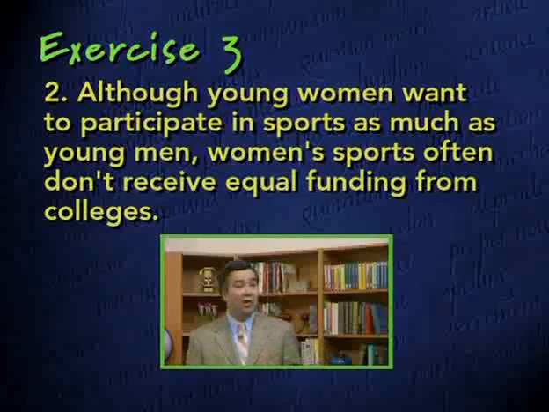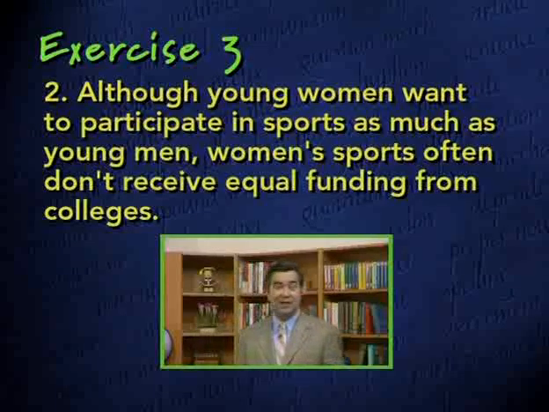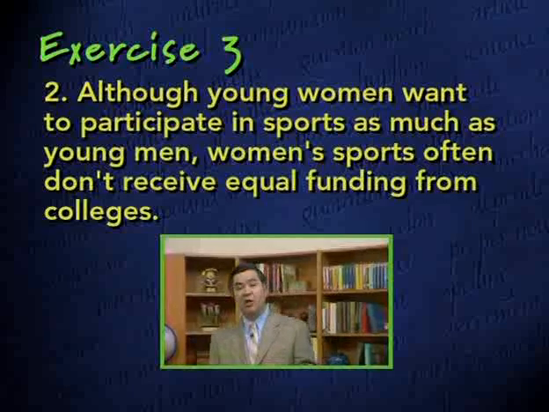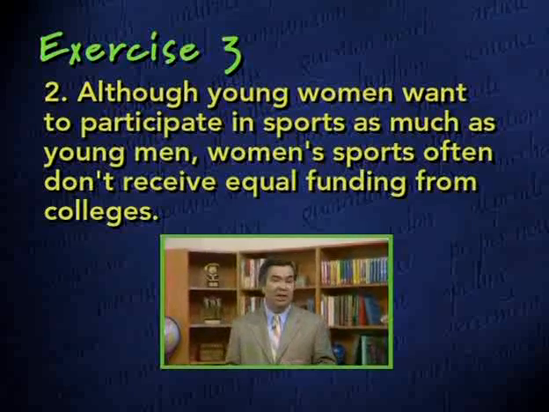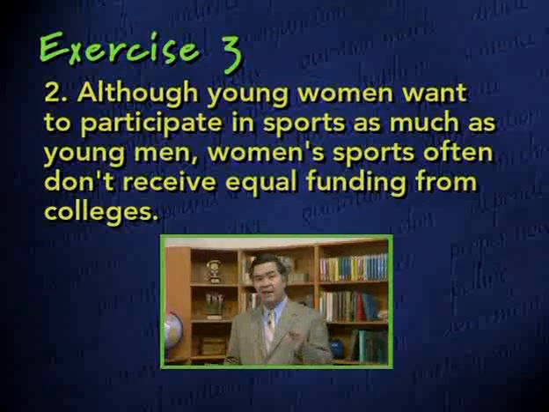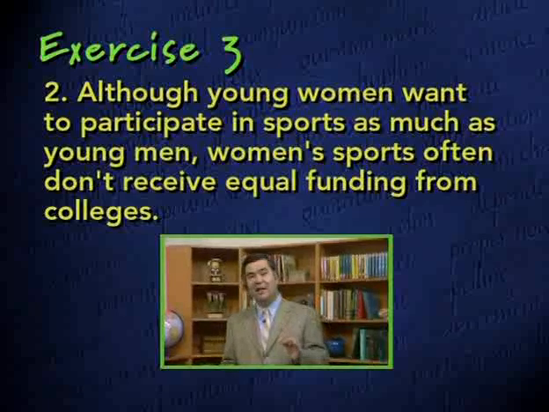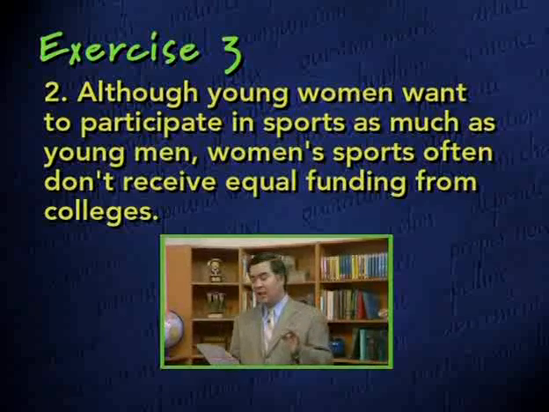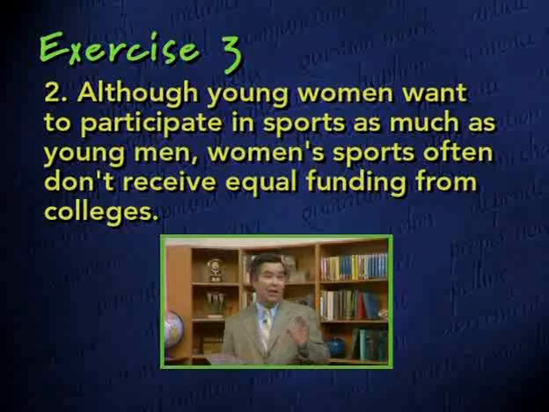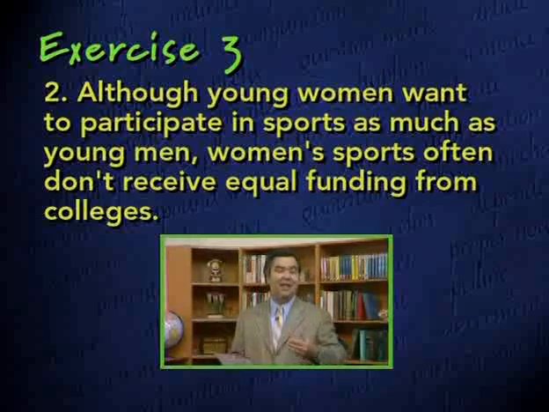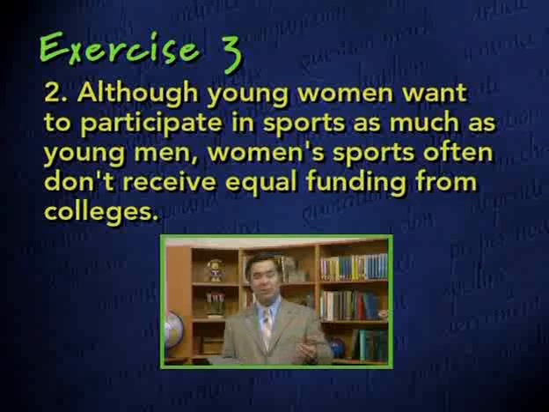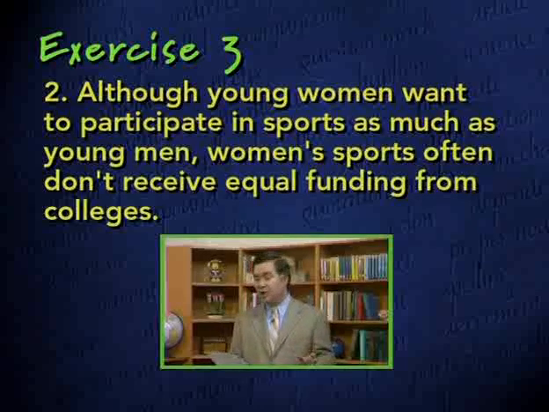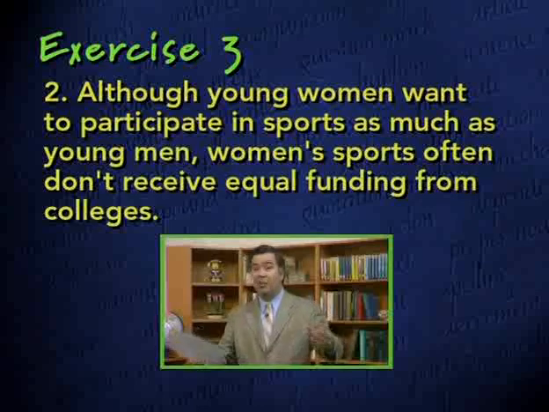Now, looking at that clause as a whole, could it stand alone as a sentence? The answer is no. It's a subordinate clause. It couldn't stand alone as a sentence, and again, there's a telltale sign. It begins with the subordinating conjunction, although. When you read this clause, you can see that something more is needed to make a complete thought. Although young women want to participate in sports as much as young men, therefore what?